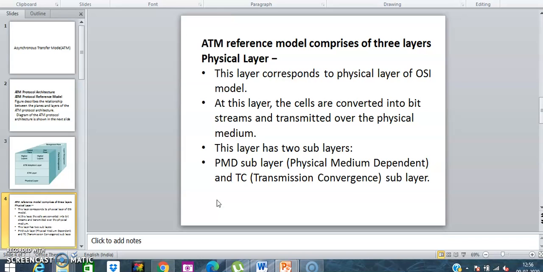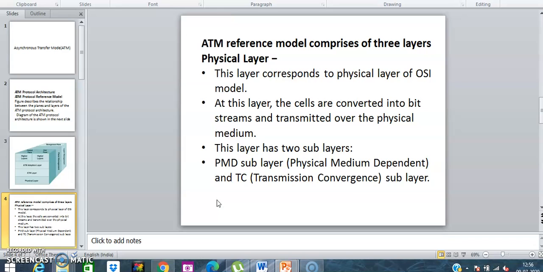The physical layer involves the specification of a transmission medium and a signal encoding scheme. Data rates both higher and lower are possible. The data rates specified at the physical layer include 155.52 Mbps and 622.08 Mbps.